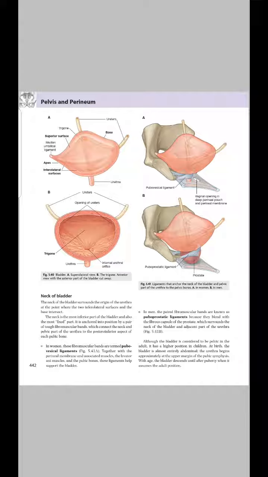It is supplied by a branch of the pudendal nerve. So as long as we inhibit micturition by controlling the external urethral sphincter, we can fill up the bladder up to its full capacity. However, up to 500 milliliters can be tolerated. Beyond that, filling up the bladder would become painful.